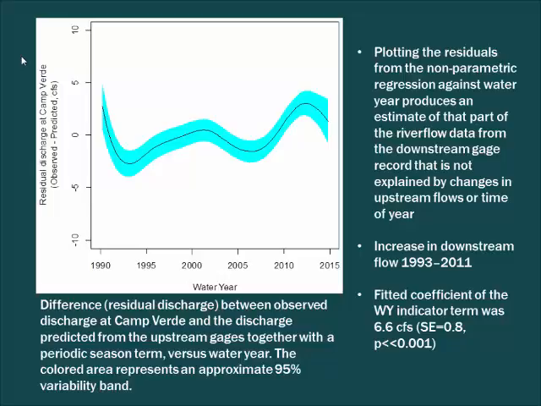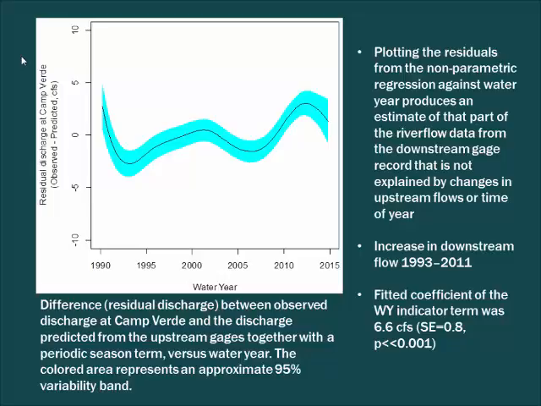The turquoise band is a 95% variability band, so any line plotted within there is statistically significant. So while it looks like it's going down here, you can get a straight line going through there. So there's increasing flows downstream between 1993 and 2011 at least.